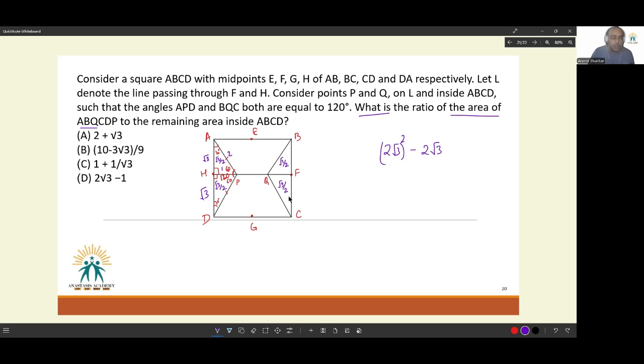Root 3 by 2, root 3 by 2 gives me a root 3. Root 3 by 2, root 3 by 2 gives me a root 3. So, area of A, B, Q, C, D, P, A will be this much divided by 2 root 3. I can happily get rid of root 3 from everywhere. And I'll have 2 root 3 minus 1 left, which is indeed the final option. So, the correct answer to this question will be option D.